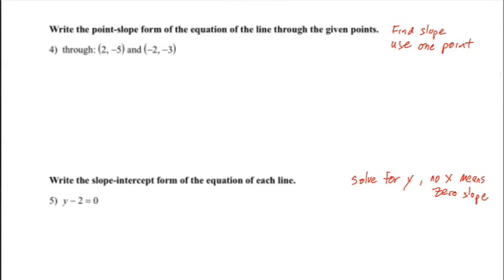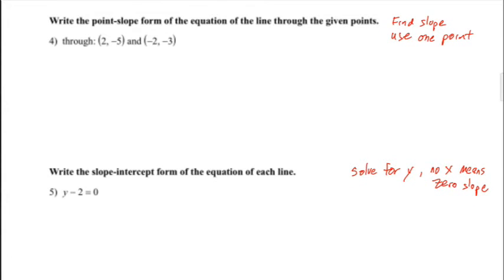Number 4 asks us to write the point-slope form of the equation of the line through the given points. So this is very similar to the ones that we did with slope-intercept form. We're going to label our 2 points. This is x1, and this is our y1. And this becomes x2, and this is y2. So the first thing we're going to do here is calculate our slope.